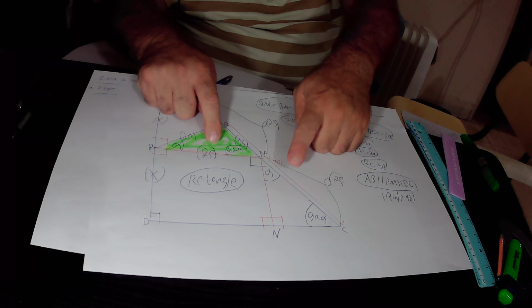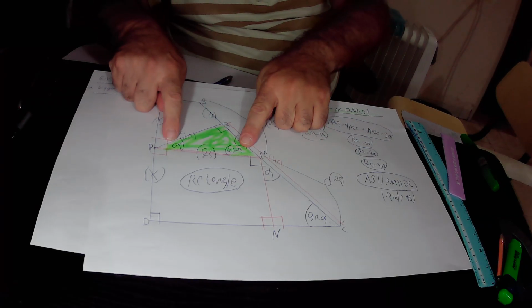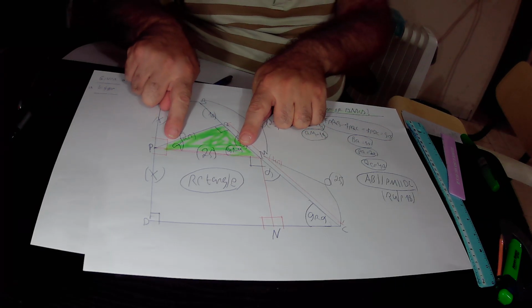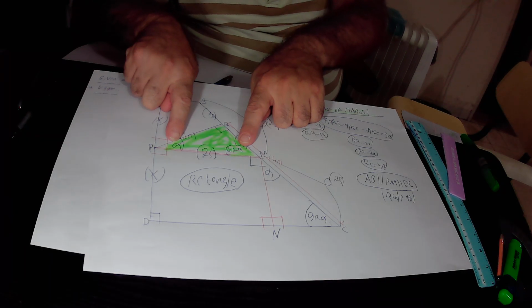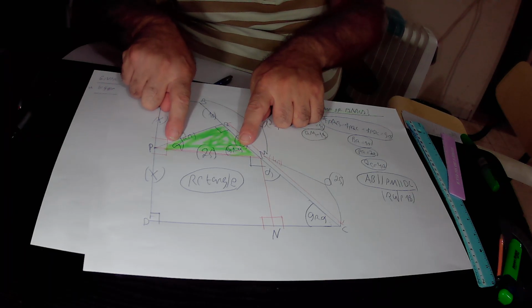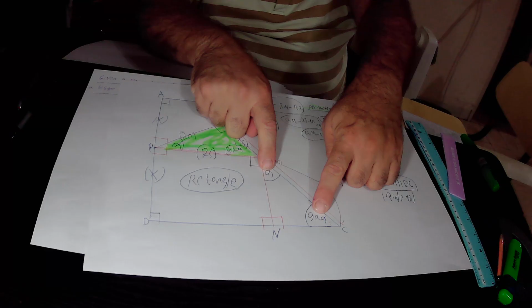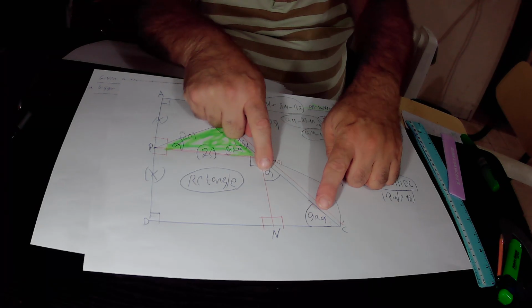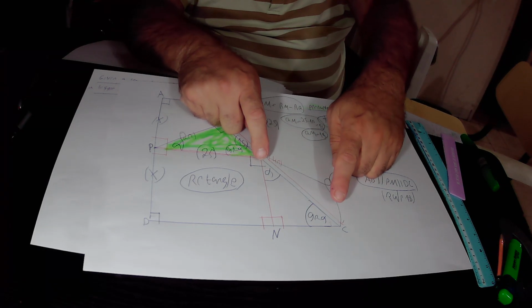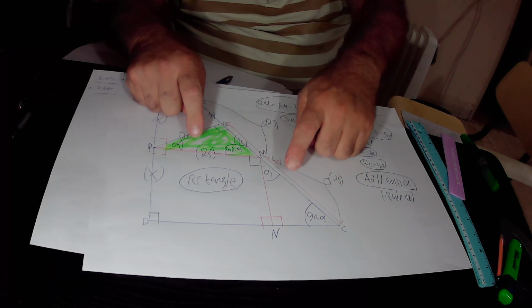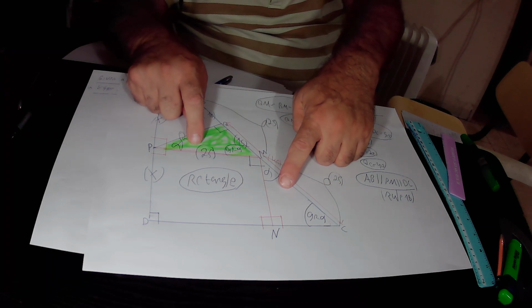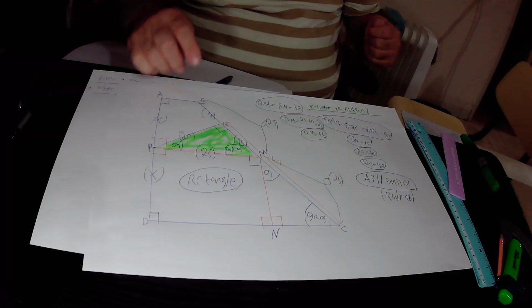So we actually proved that those two right triangles can go into each other according to the angle side angle rule. That is to say, we actually proved that those two angles and the side that is included between those two angles, that is side PM, are correspondingly equal to those two angles and the side that is included between those two angles, that is side MC in the right triangle MNC. And therefore those two right triangles can go into each other according to the angle side angle rule.